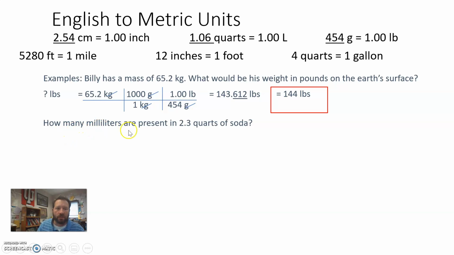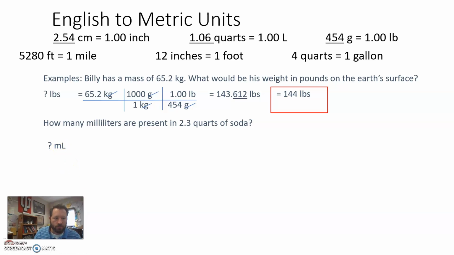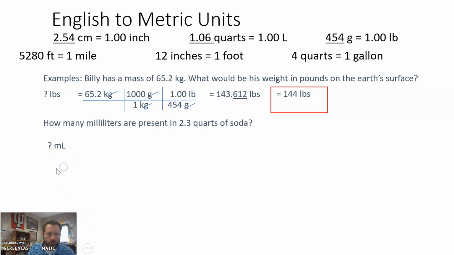How many milliliters are present in 2.3 quarts of soda? Again, before we do anything else, let's set our question up properly. Question mark, milliliters, equal to, so we're looking for how many milliliters, equal to 2.3 quarts of soda. Now we're ready to go. We can go straight from quarts to liters.